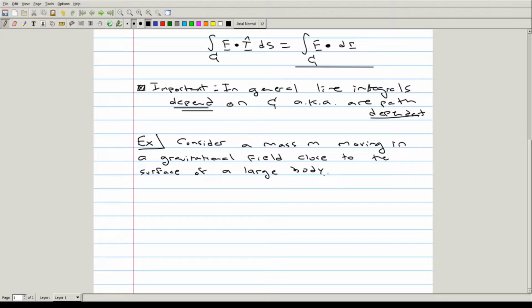So for instance, you can think of projectile motion on the surface of the Earth.